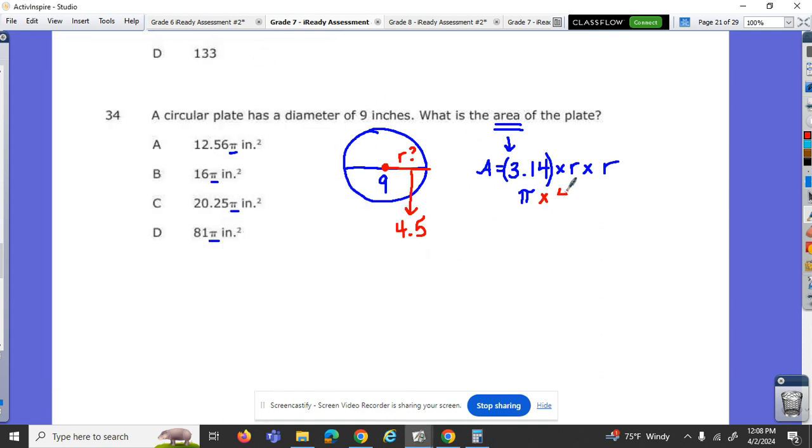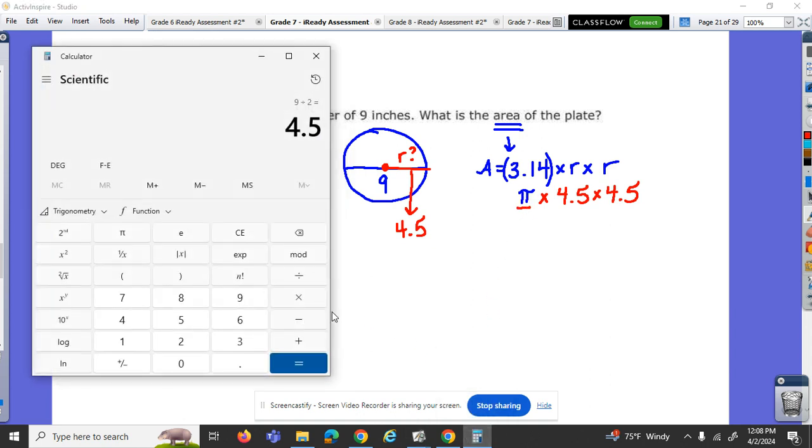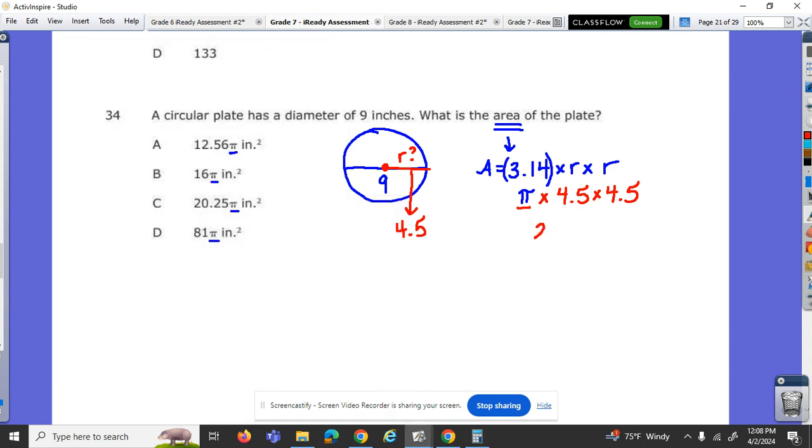So now we're going to multiply 4.5 times 4.5, keeping that pi as a symbol. So 4.5 times 4.5 is 20.25. So 20.25 pi would be our answer for that one. So that would be letter C.